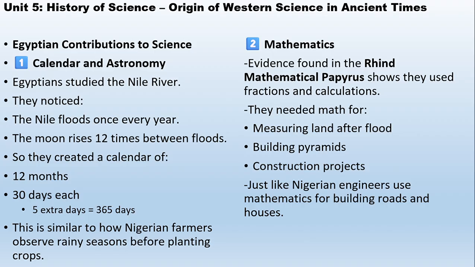They didn't practicalize it more. Instead, once they observed nature, they took it in a religious way and were able to get what they wanted. So the first contribution they gave to science was creating the calendar and astronomy.